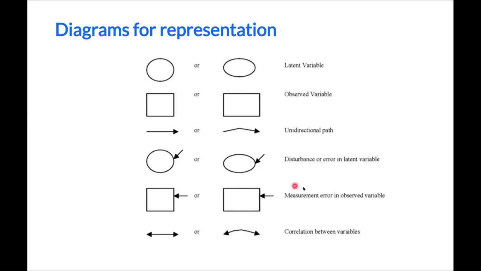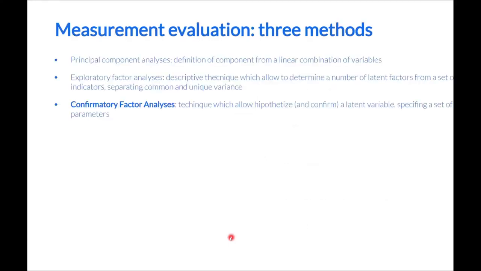We can represent the disturbances of a latent variable, or the measurement error of an observed variable, and the correlation or covariance representation. We can observe it as a line or a curved line with arrows at both ends. This is important because we cannot always watch the diagram, but this is a kind of discussion that we can always find in different textbooks.